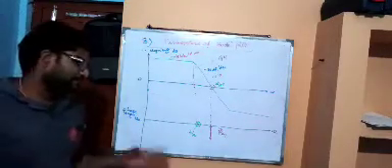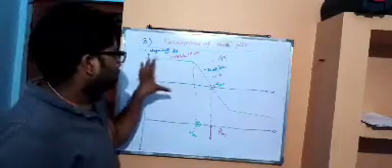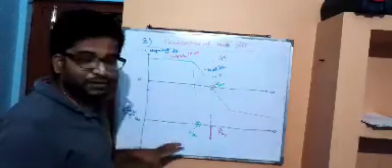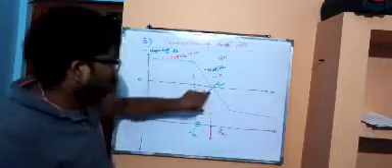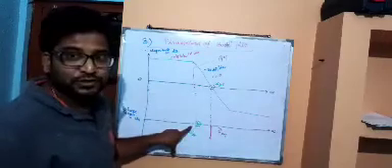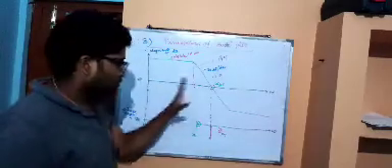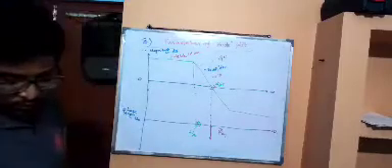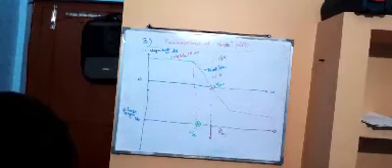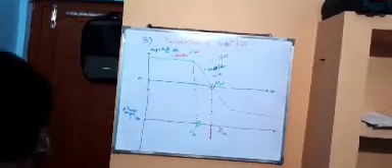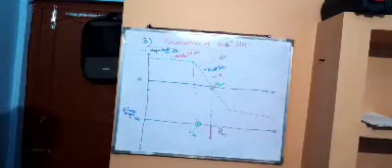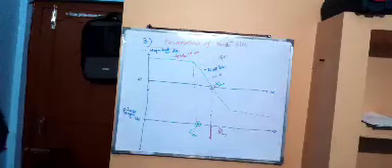Okay, so we got the concept of all the parameters: gain margin, gain crossover frequency, phase margin, and phase crossover frequency within this Bode plot. Right now, what are gain crossover frequency, phase crossover frequency, gain margin and phase margin?